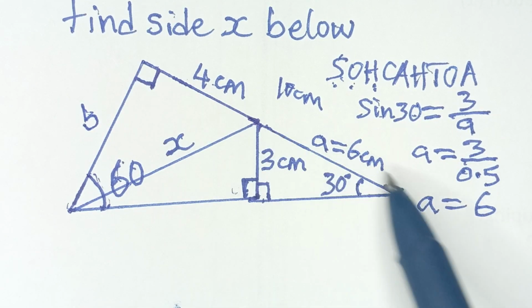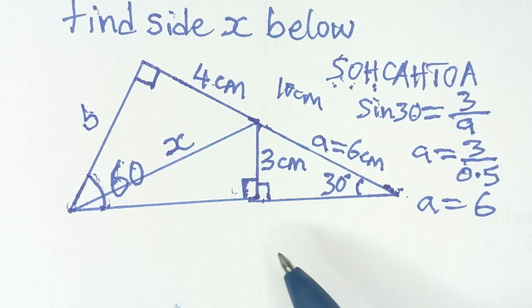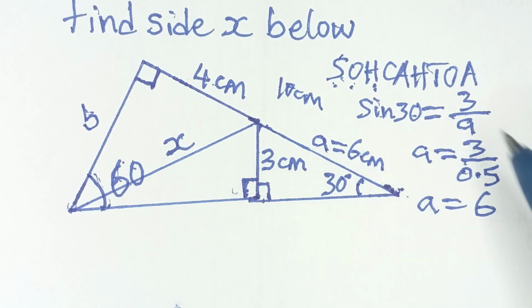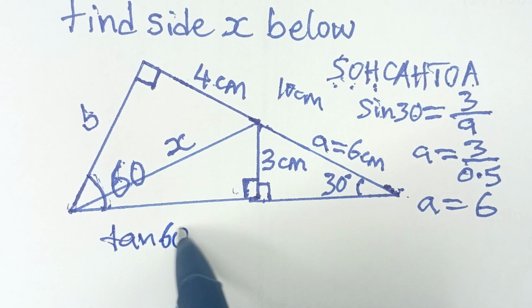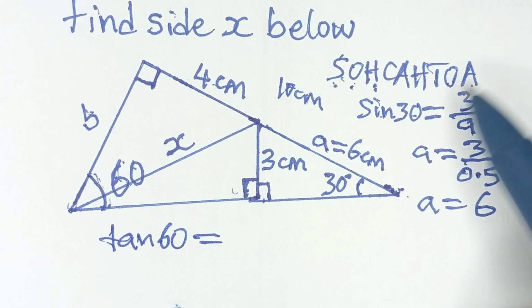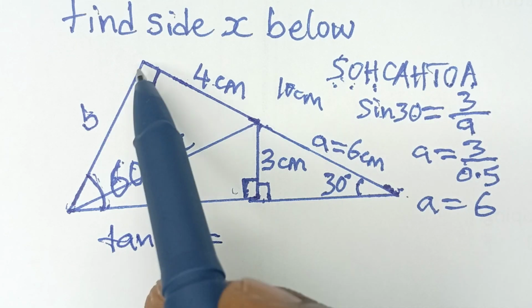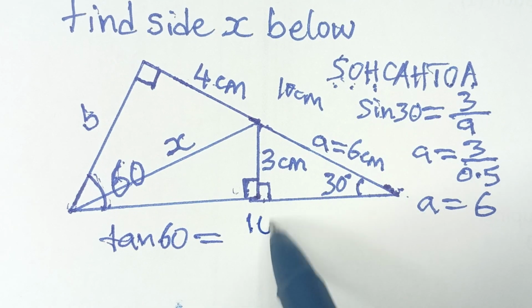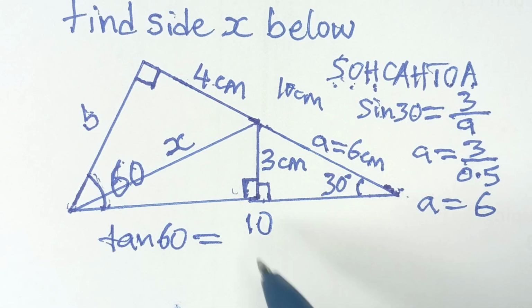If this is opposite and this is adjacent, then we can use the tan of this angle, because the ratio that uses opposite and adjacent is exactly the tangent. So I'll say tan 60 is equal to the opposite side over the adjacent side. The opposite side is 10, don't forget this full side is 10, divided by the adjacent side, which is B that we are looking for.